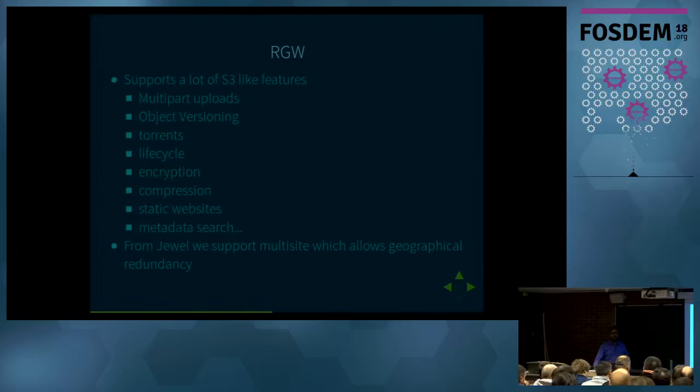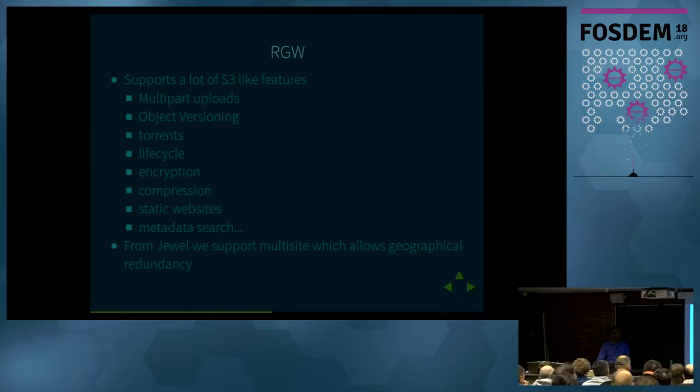We support a lot of S3-like features, and we have cross access with S3 and Swift. But the semantics of both the APIs are completely different for some of these protocols, so you cannot, for example, upload an object with multipart in Swift and not access it in S3. So you have a lot of S3-like features like multipart uploads and object versioning.